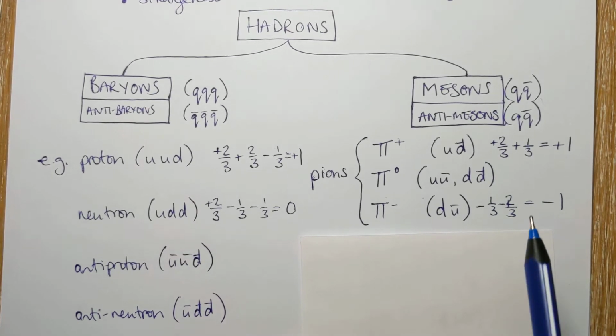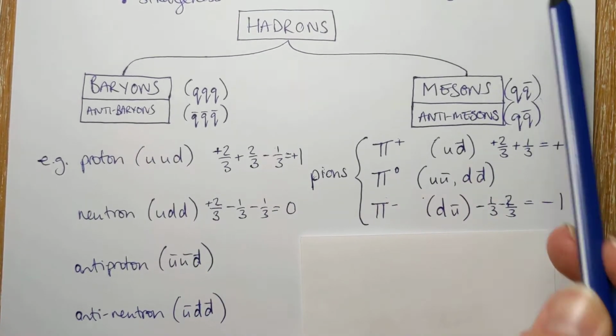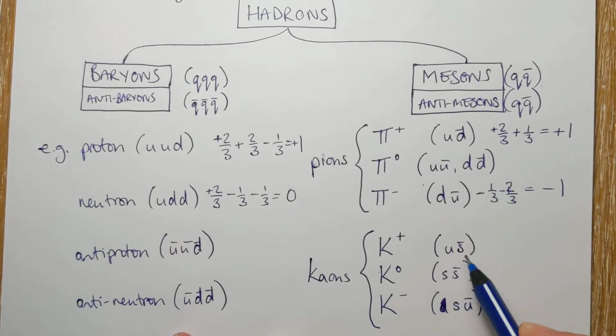If you introduce a strange quark there, you get this group, and they're called the kaons. And a kaon, K+, is an up anti-strange.